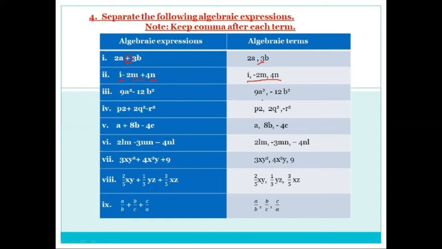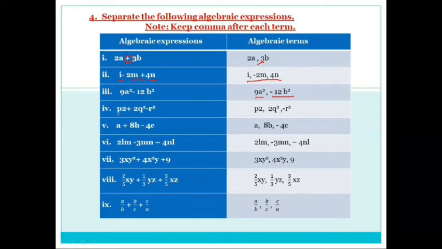So I will write here 9a square, then I will write the comma, then minus 12b square. Please don't leave the minus, but plus we can ignore. Just here, in part number 1, there is no need for plus because plus is understood.